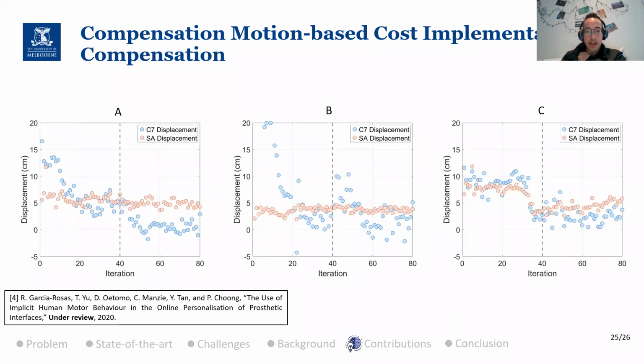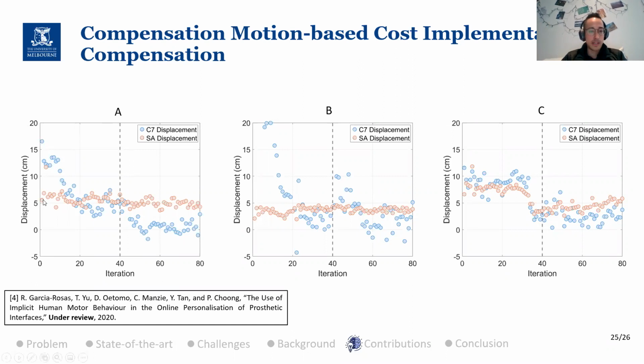So these are those individual terms in terms of displacement. What is the person doing as the algorithm progresses in the personalization and gets closer to what the best value would be for a particular person? So for A, we see that the trunk displacement keeps going down and down, and that's that very typical response of the extremum seeking algorithm.